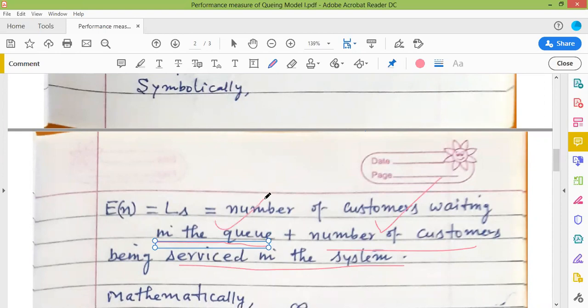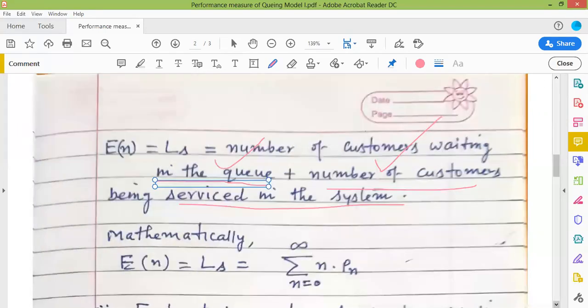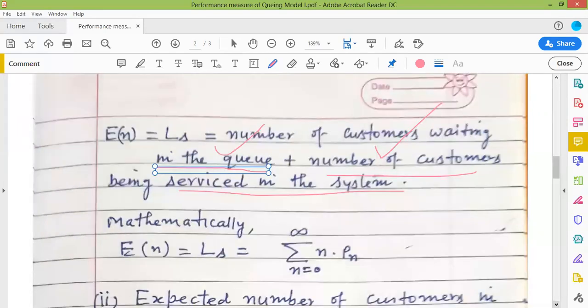So how can we compute it? The mathematical structure for computation of this performance measure is given as expected n equals Ls equals the sum over n ranging from 0 to infinity.